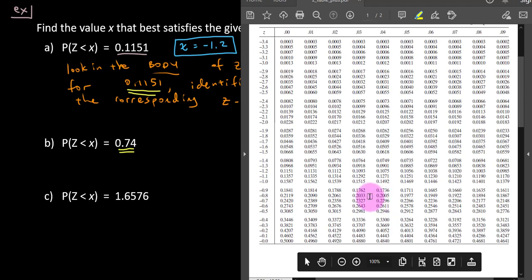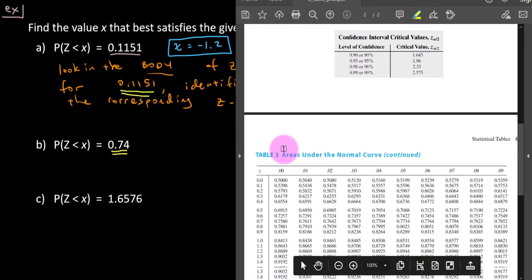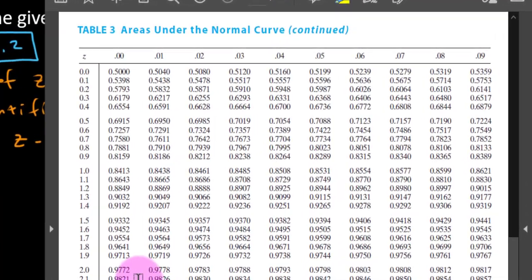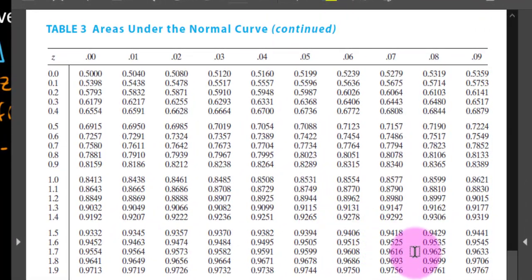I'm not going to find it because I'm on the negative side. So I got to scroll down, and I'm looking in the body of this table for 0.74. And I'm getting close. This time it does not appear that I'm going to find 0.74 exactly in the body of this table.